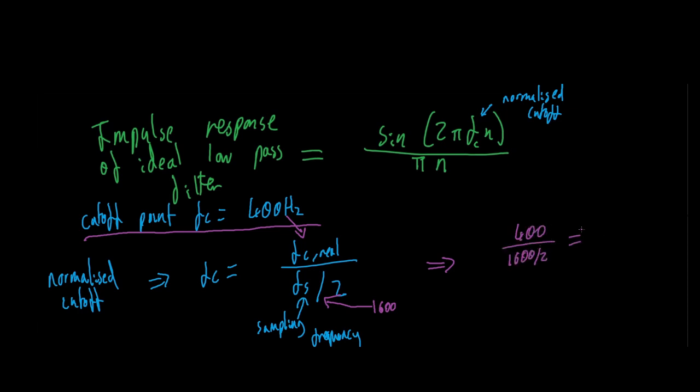That is the same as a half. That is your normalized frequency. Normalized cutoff. And so you would put 0.5 in here if you have a sampling frequency of 1600.